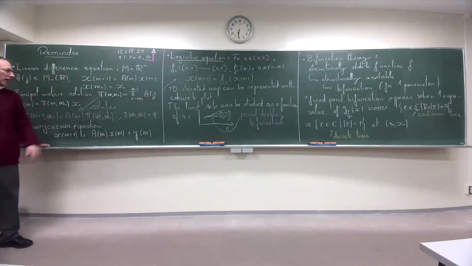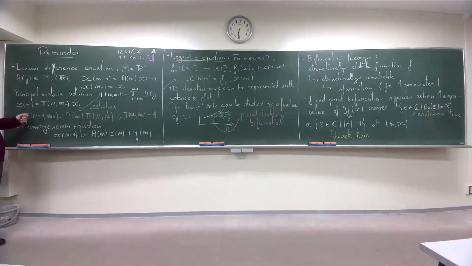By defining this principal matrix solution, if at time n0 your initial condition is x0, then x of m is simply the product of these matrices. So it's this Pi of m, n0, defined like this, applied to x0. And if you think about this matrix, this family of matrices satisfies this relation, which you can directly infer, with the initial condition Pi of m0, m0 equal to identity.